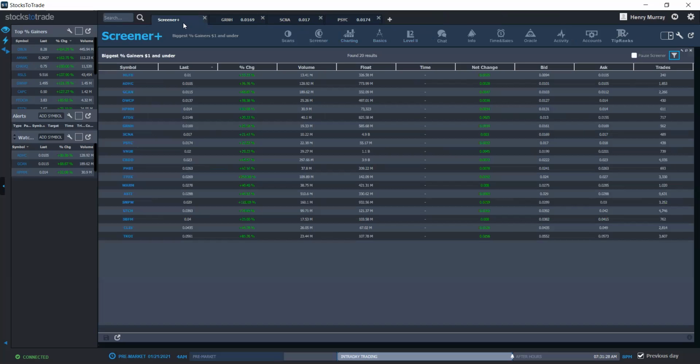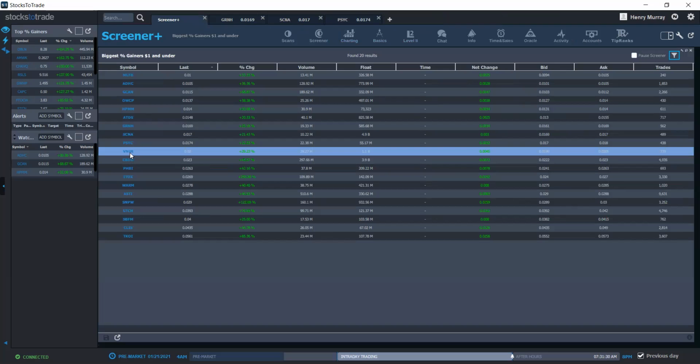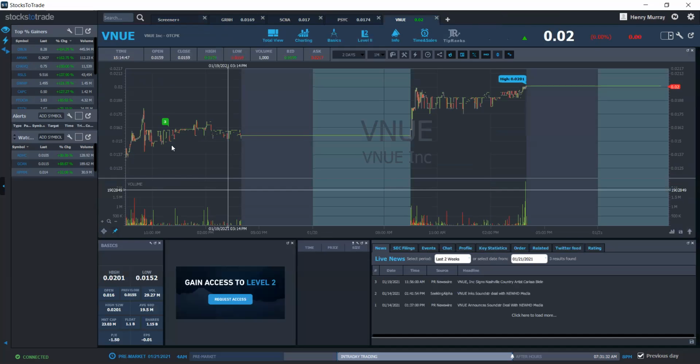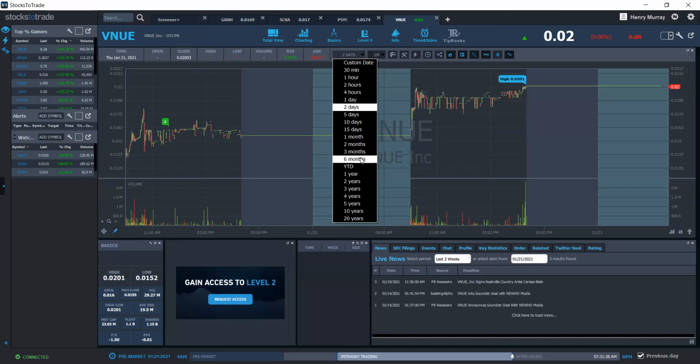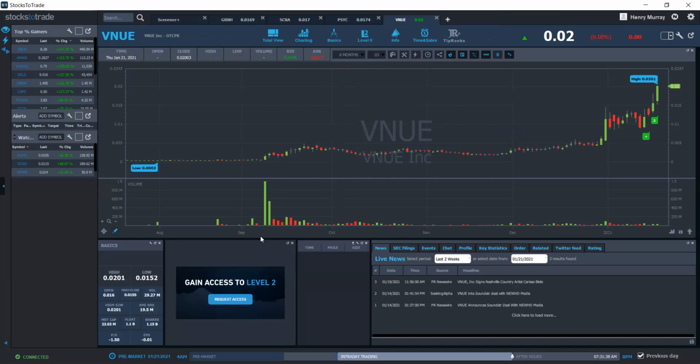Next stock, VNUE. All right, this one is a stair stepper, gradually uptrending. Spike here for 2 days, pull back, consolidated, and now breaking out.